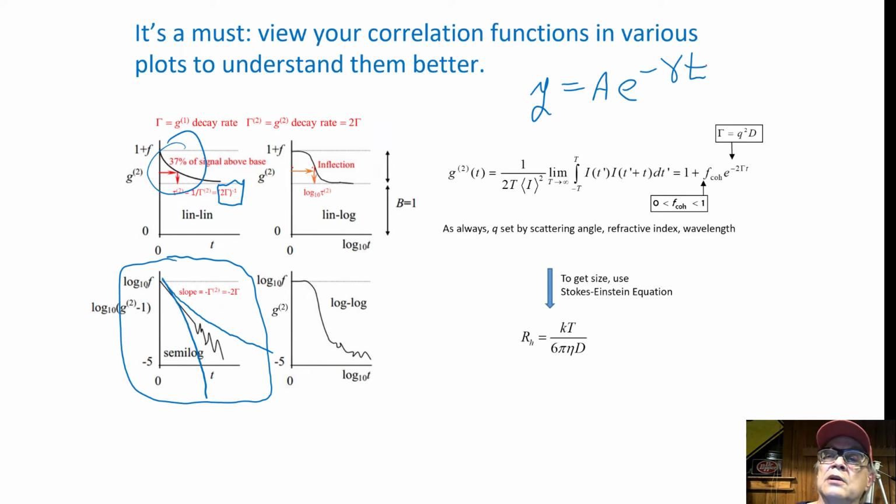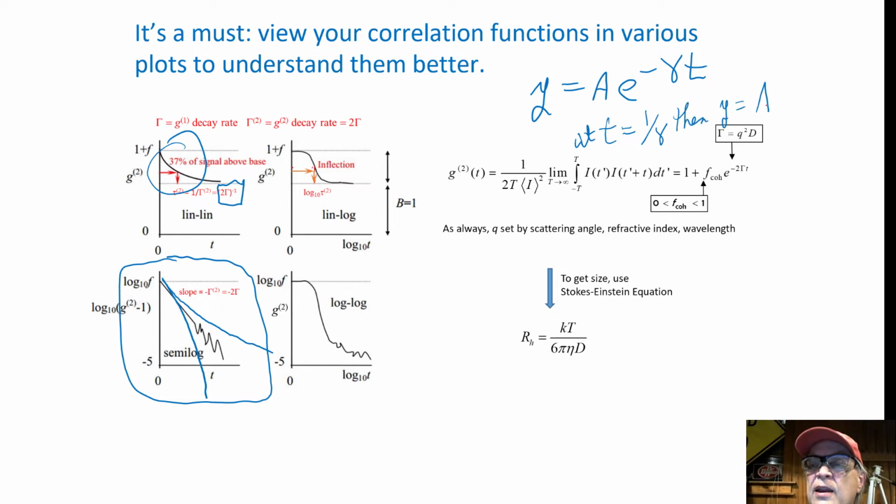What would happen at t equals 1 over gamma? If time is equal to 1 over gamma, then y is equal to a e to the minus 1. And if t is equal to 0, then we have a.